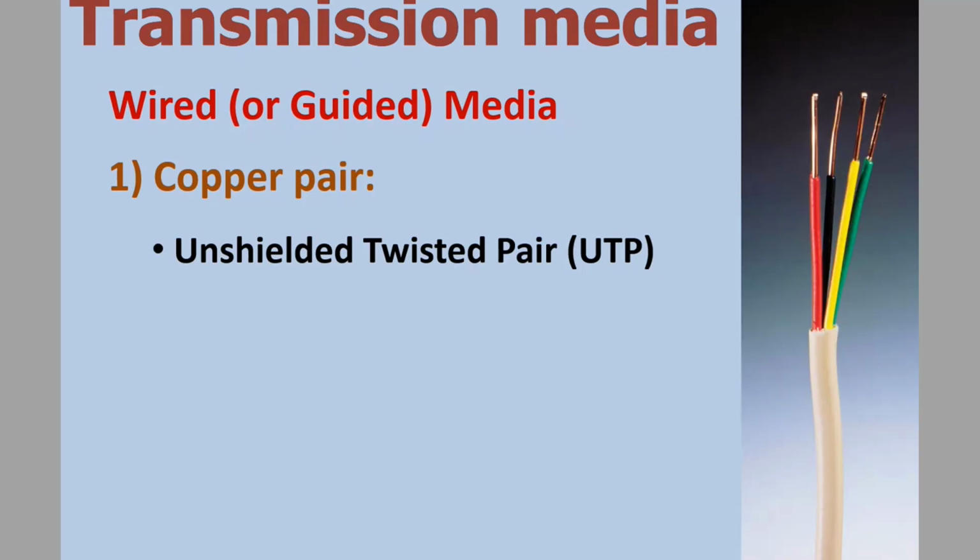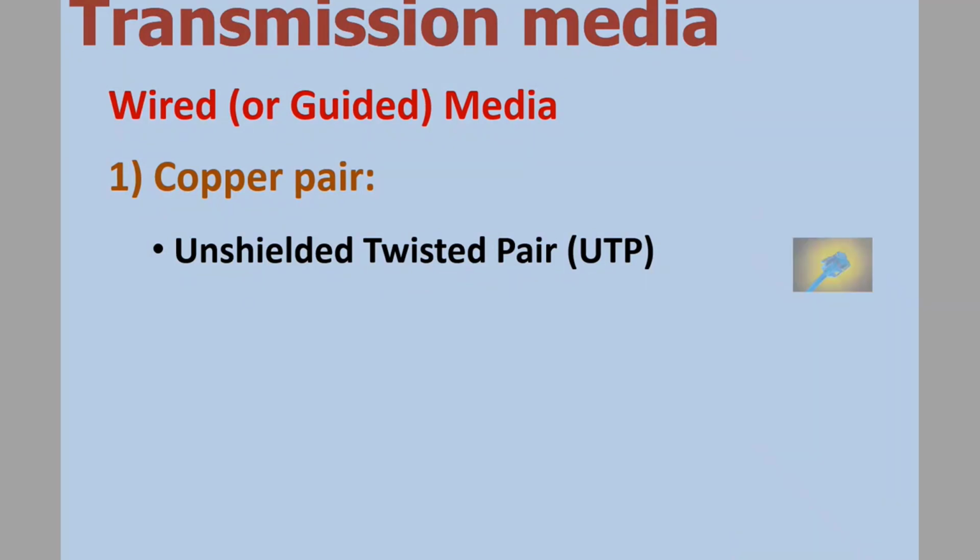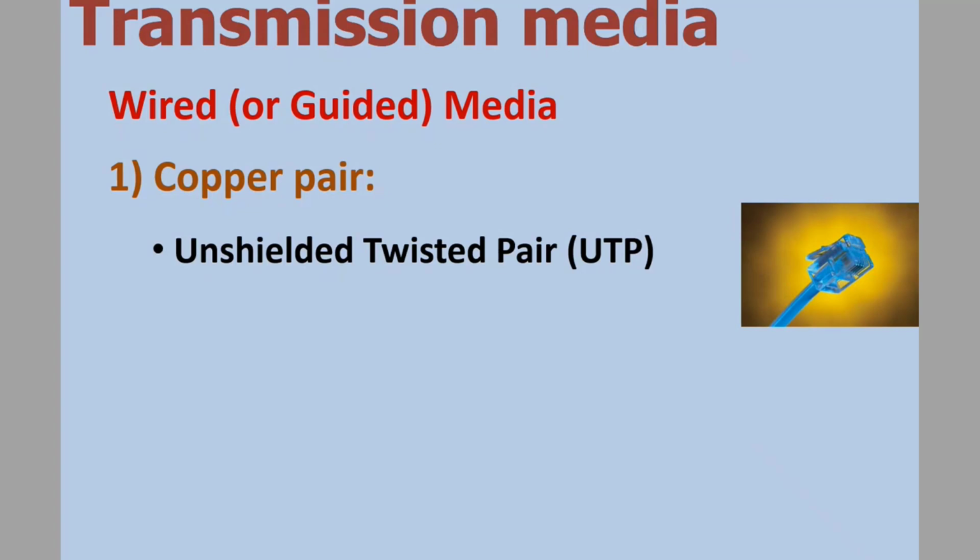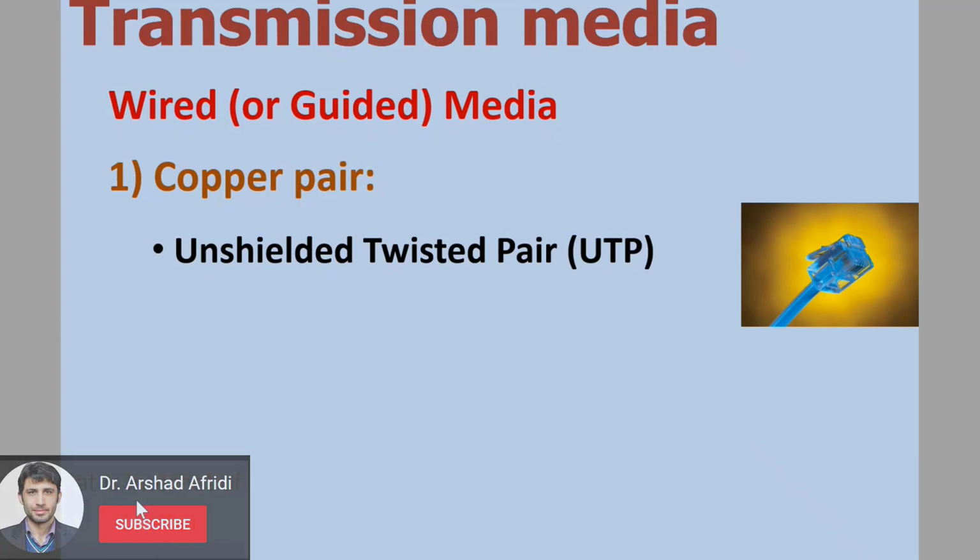For example, this cable is called UTP. Some of you have seen that. So that is called UTP, or unshielded twisted pair. You have already seen this on your phone. So that is UTP, unshielded twisted pair.